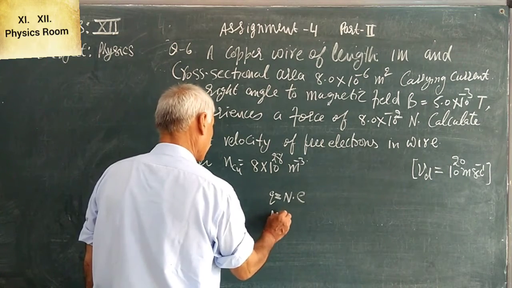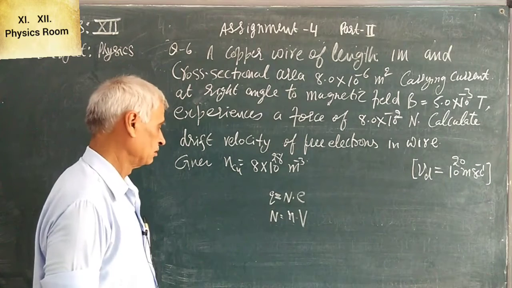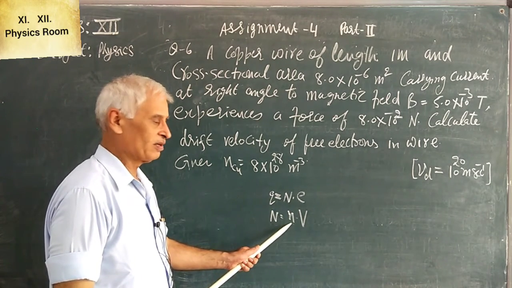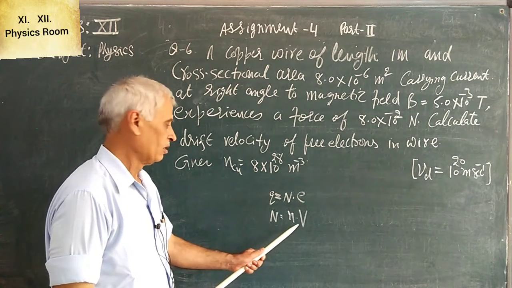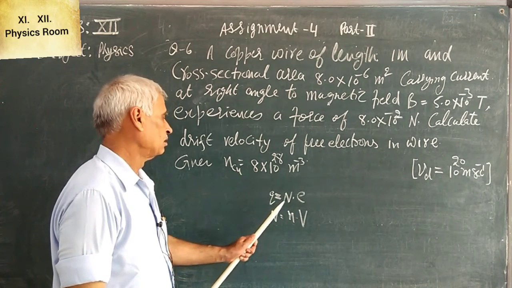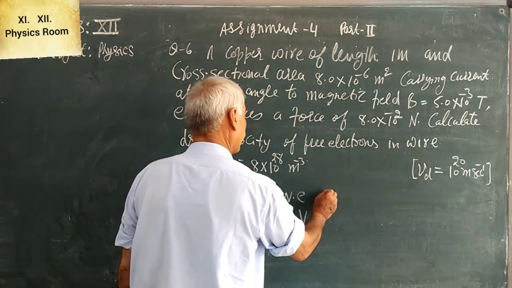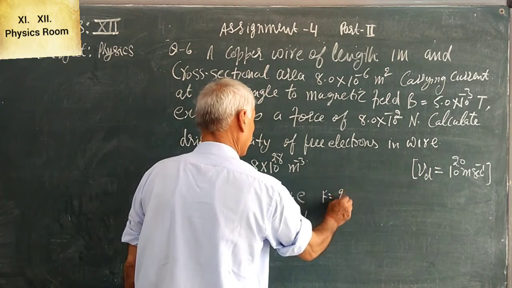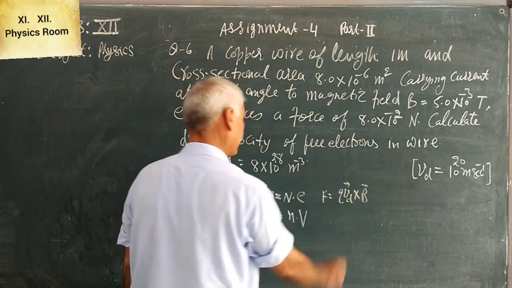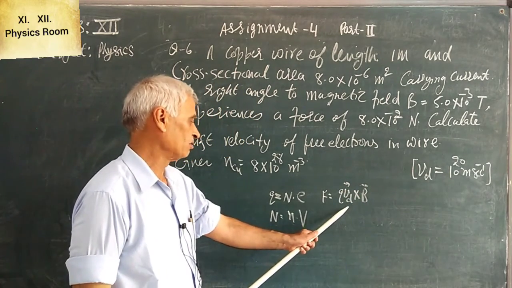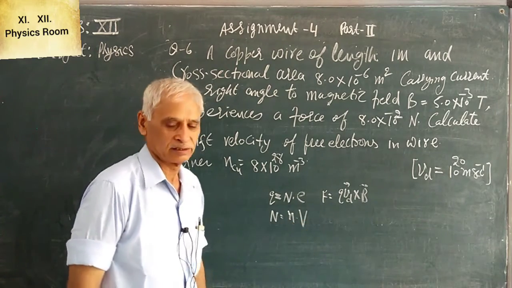And N is equal to n into V, number density of electrons into volume of the conductor. So calculate N, calculate Q, then use the formula F is equal to Q vd cross B, and find out from here the drift velocity of electrons. So here the main problem is Q, you have to calculate like this.